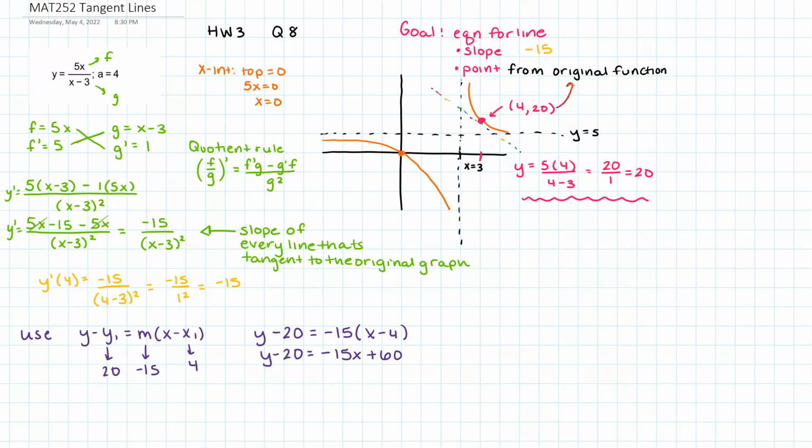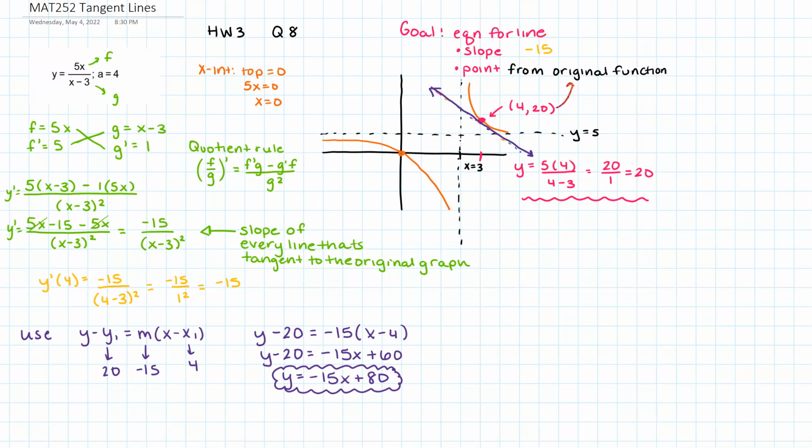Negative 15 times negative 4. And then I'm going to add 20 over. So I have y equals negative 15x plus 80. So this here is the equation for the tangent line. So this tangent line is going to just touch that point.